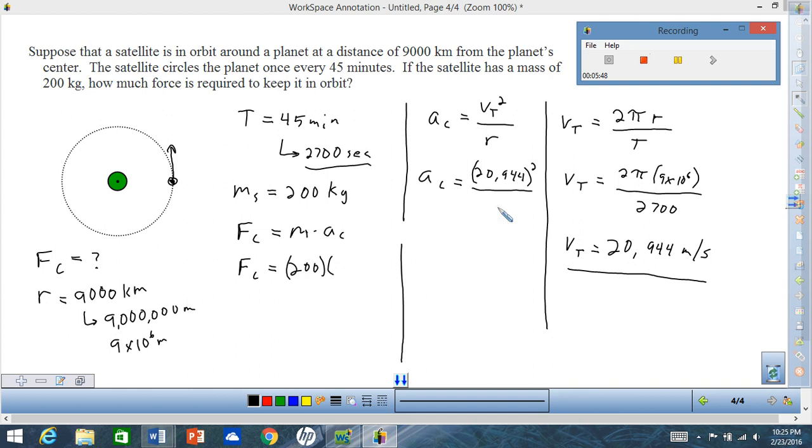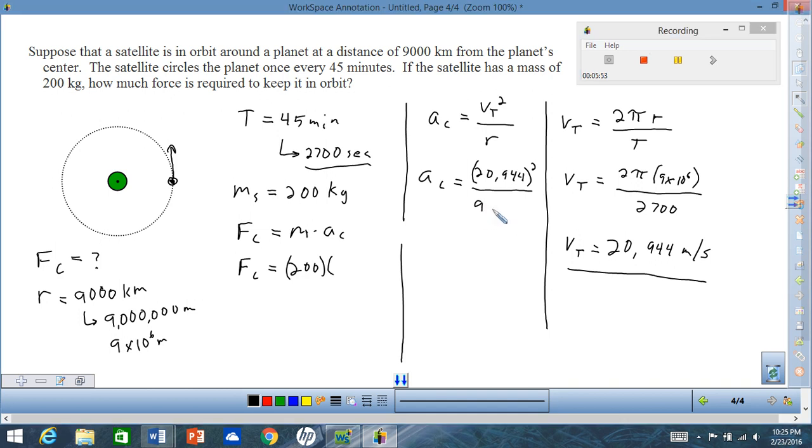And let's see, radius again, 9 times 10 to the 6th meters. And once you put those numbers in your calculator, you'll get 48.74. Again, these are rounded values, meters per second squared.